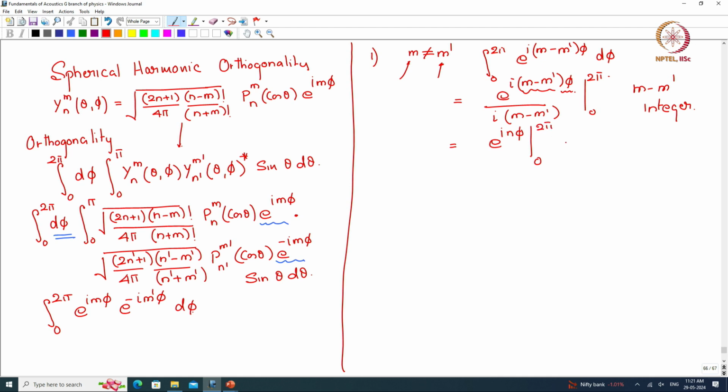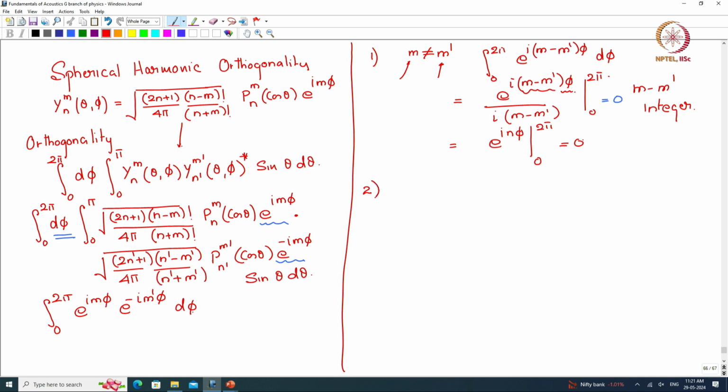So therefore this goes to 0 when m is not equal to m'.